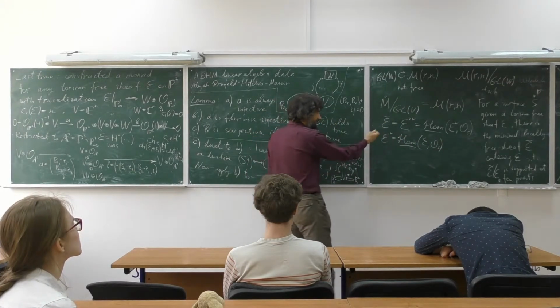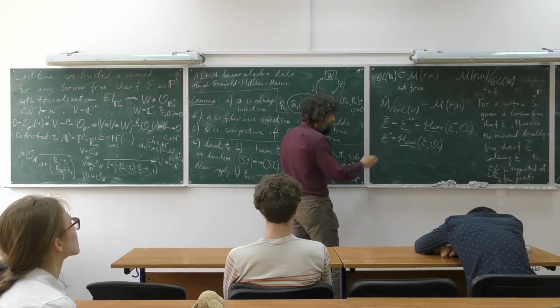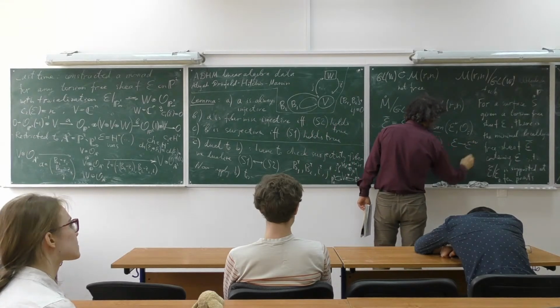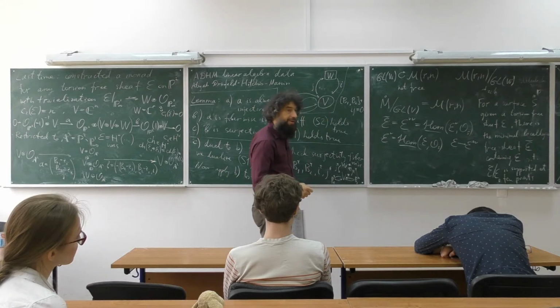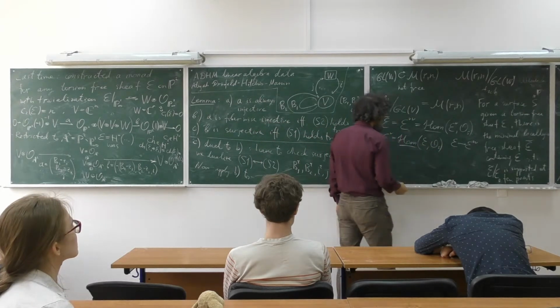You always have a tautological map from E to E double dual, just evaluation, and it's an embedding, and it's an isomorphism almost everywhere.